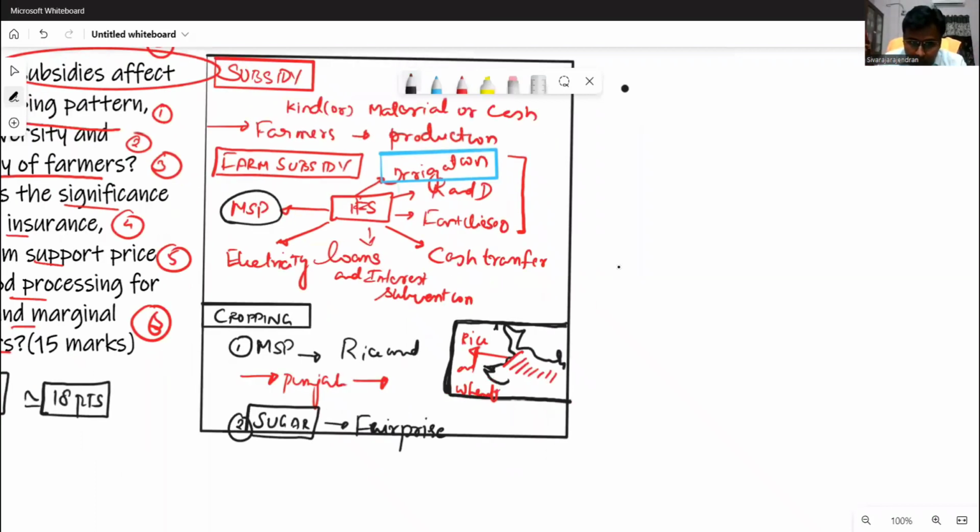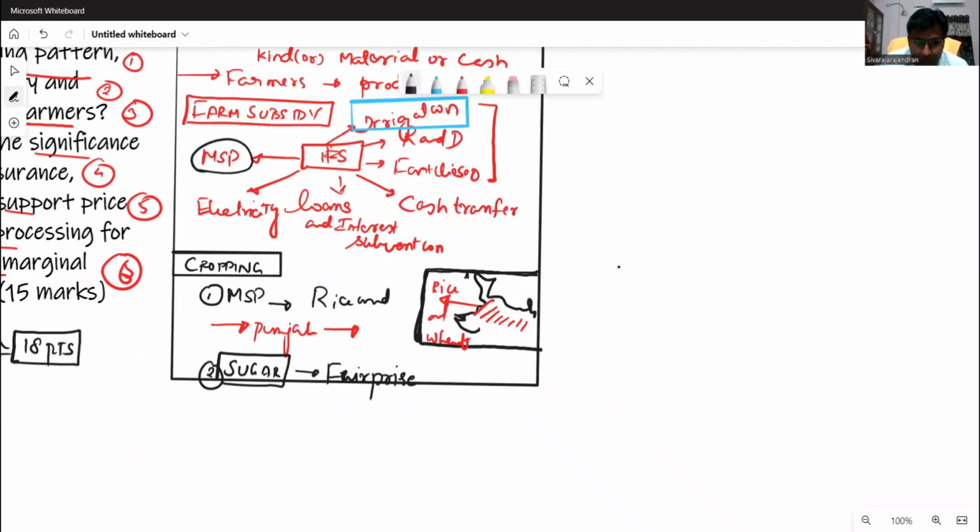The next diagram: in the Marathwada region of Maharashtra, sugar is very prominent. Why? In that region there is no rainfall, but there is sugar. You have to connect one area to the point.